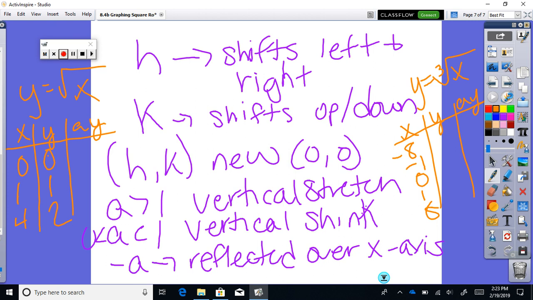Use those 5, because then you'll always get the first 2 columns the same. So if you have square root, use 0, 1, 4, and 0, 1, 2. If you have cube root, use -8 to 8 and -2 to 2 for the first 2 columns. And then just change your last column based on what your a is. All right.